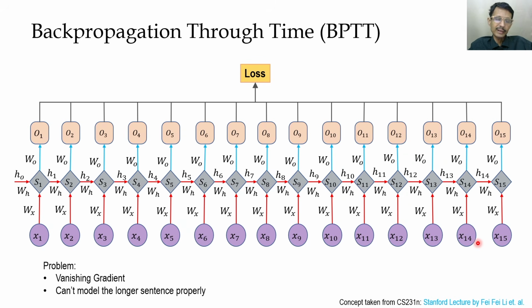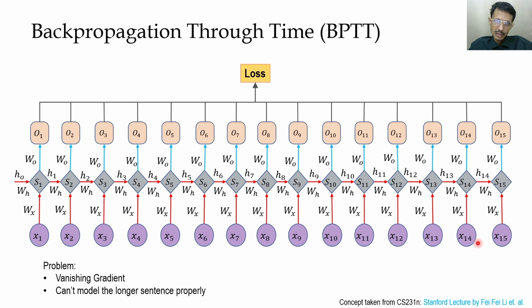Now we are going to understand the basic problems of the backpropagation through time algorithm when used for a simple RNN. Here you can see a sequence of 15, x1 to x15, and outputs o1 to o15, so there are many time instances.